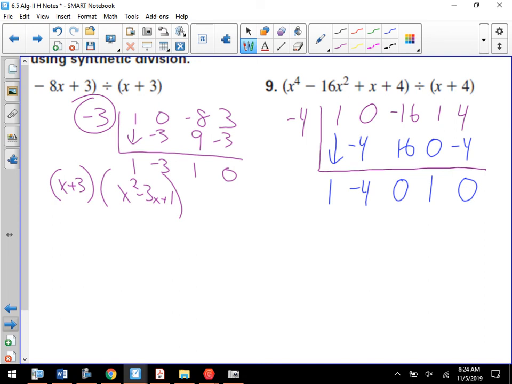It was a 0, which means its term was a factor. And now what are you left with? X cubed minus x squared minus 4 plus 1. Good.